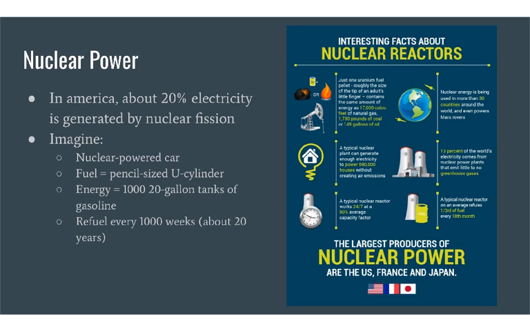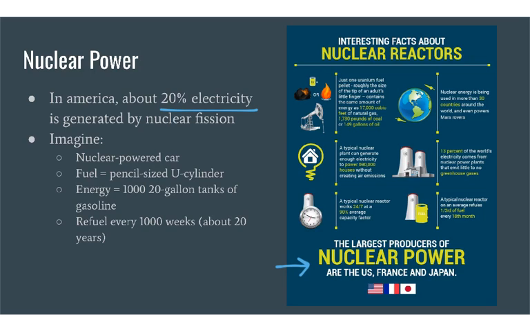But we can also use fission to generate energy. About 20% of our electricity in the United States is generated by nuclear fission. We are one of the largest nuclear power producers in the world. It's us, France, and Japan. Imagine nuclear-powered cars. We can have fuel cells that are the size of pencils, equal to 1,000 20-gallon tanks of gasoline.